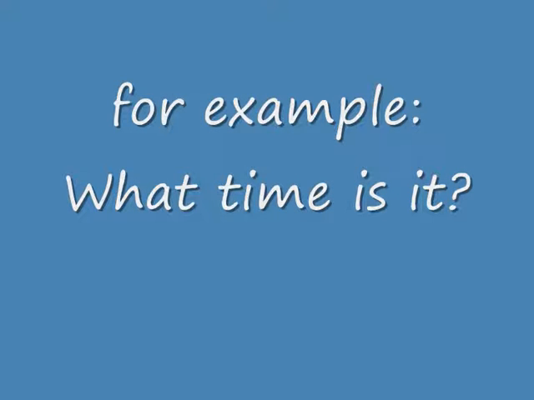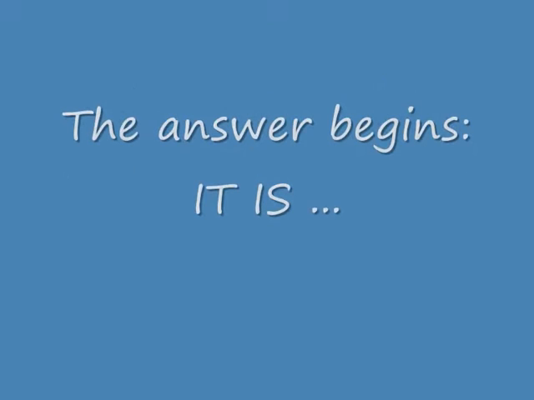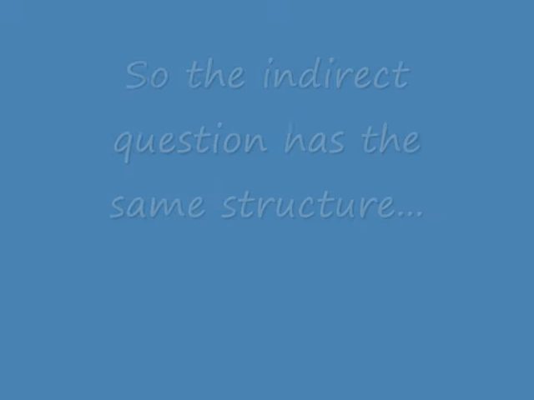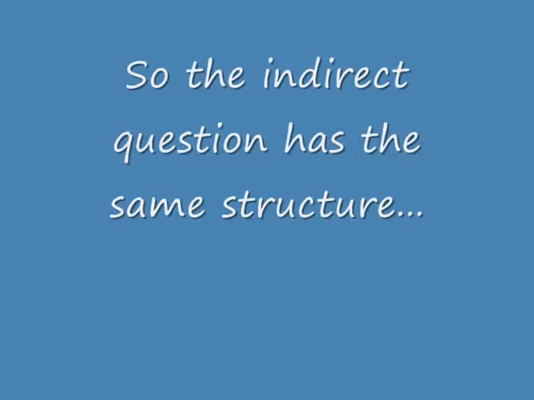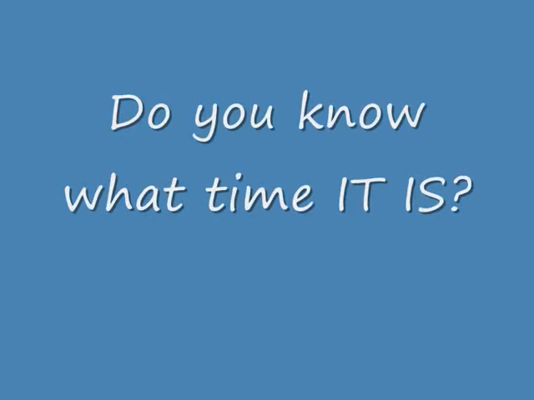For example, what time is it? ¿Qué hora es? The answer begins, it is 7 o'clock, for example. So the indirect question has the same structure. Do you know what time it is?